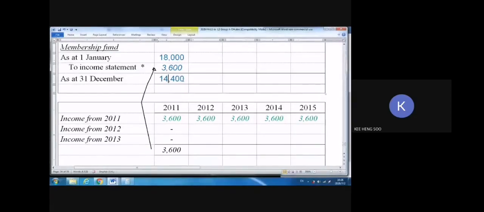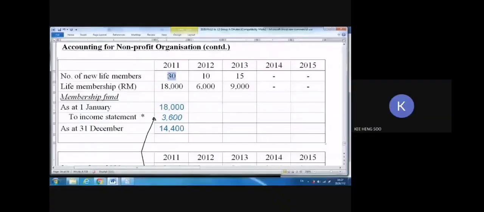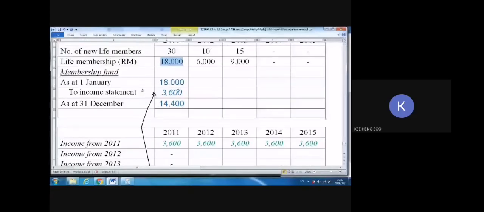Now, each member pays 600, am I right? 600 times 30, you can get 18,000. So 18,000 divided by 5. Then the next year you receive another 6,000, am I right? Now you got 20,400 already.